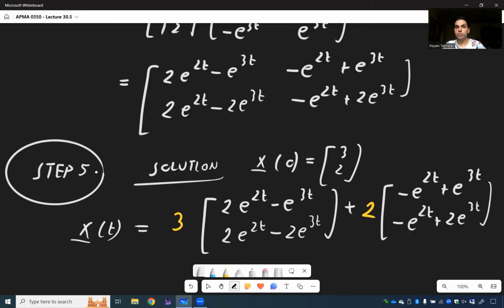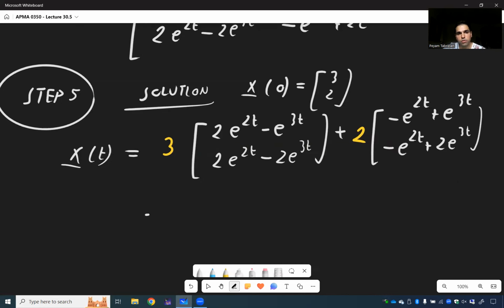And again, this is precisely because the beauty of matrix exponentials is you just multiply e to the At by the constant vector. And then you can simplify this.